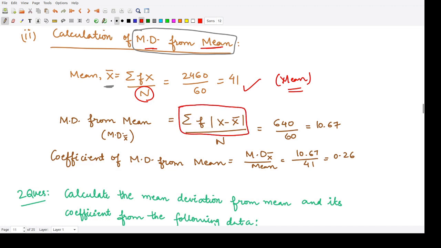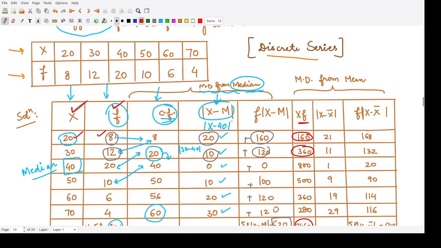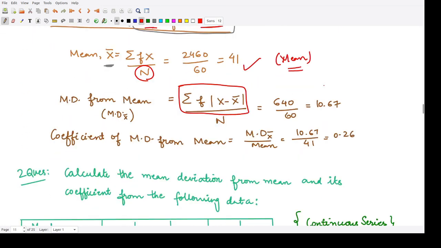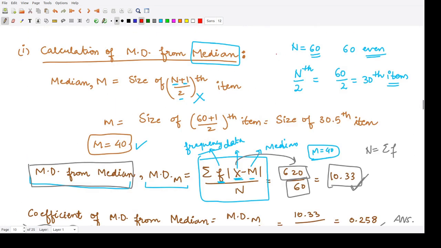For that, we construct another column in the table. Firstly, we will calculate the modulus of x minus x bar. We have this data x, and what is x bar? X bar we have just calculated to be 41. This is the mean, right?